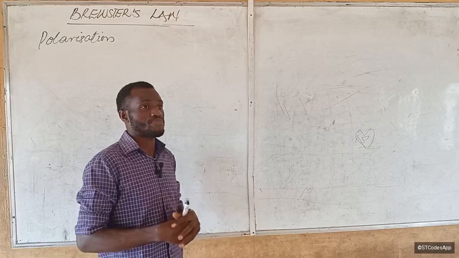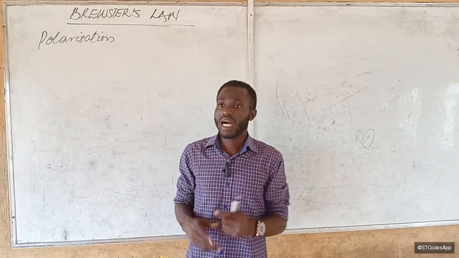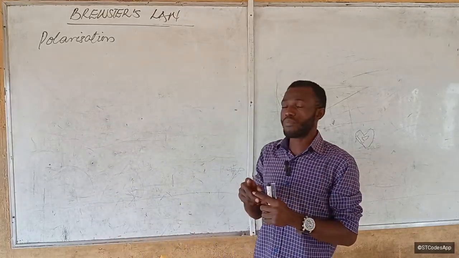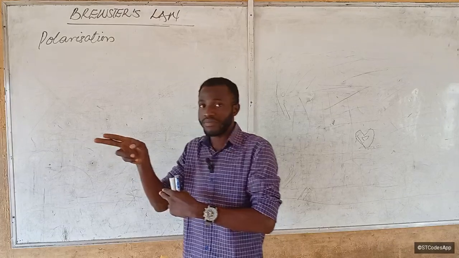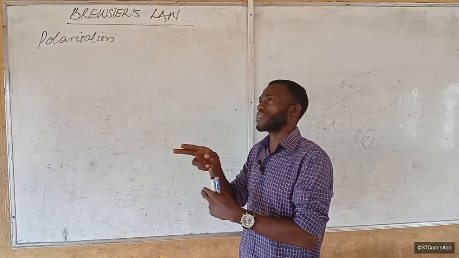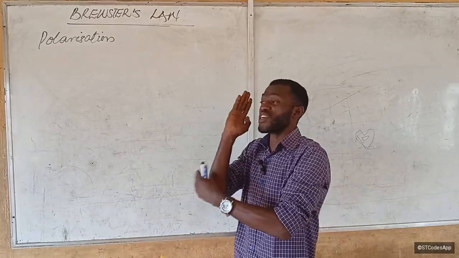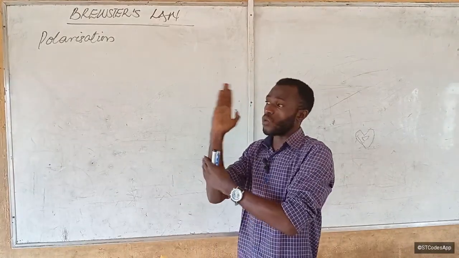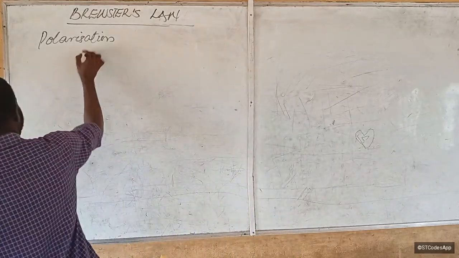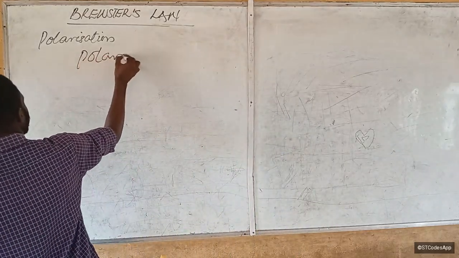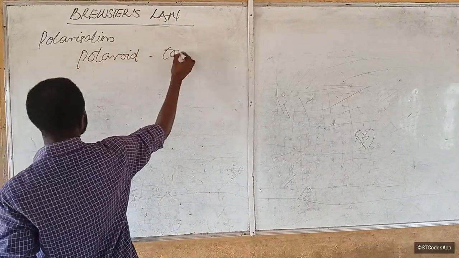What that means is that the electric field is going to be made to pass a particular opening. It's going to be made to travel in only one direction. What we use in polarizing is called a polaroid, and an example is the tourmaline.